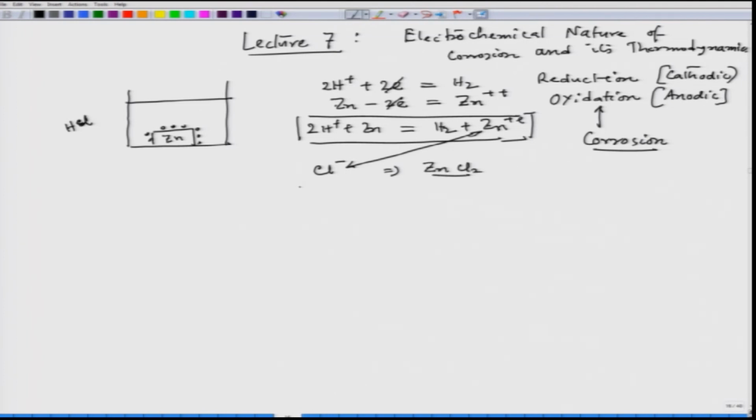So, the complete reaction we can also write in this form: 2HCl plus Zn equal to Zn2+ plus 2Cl minus plus H2.